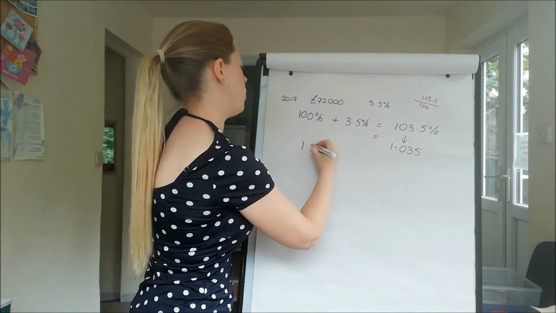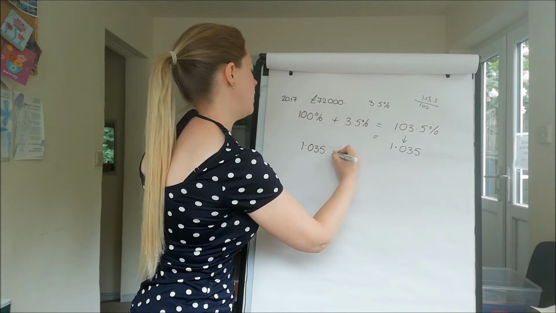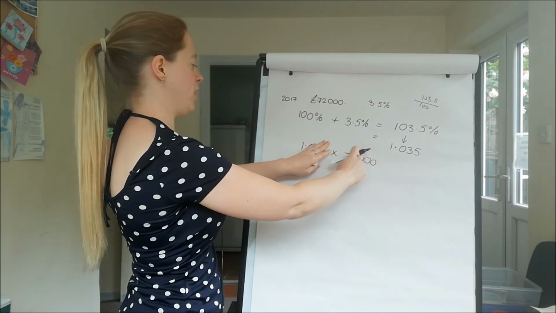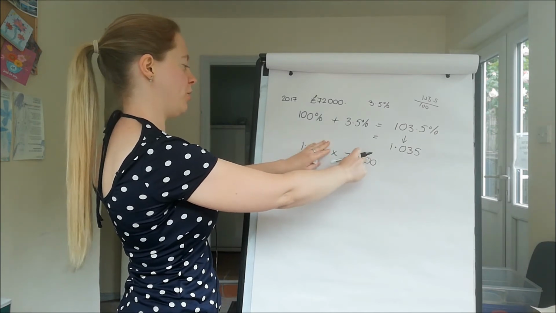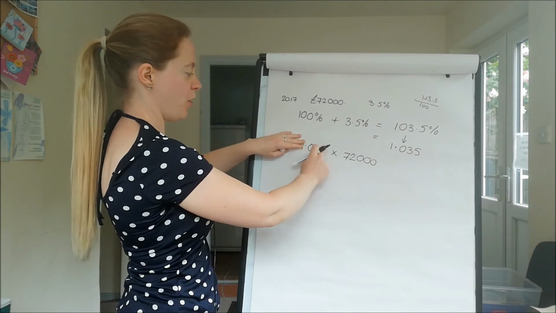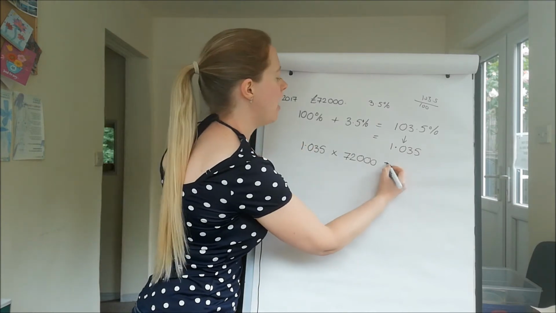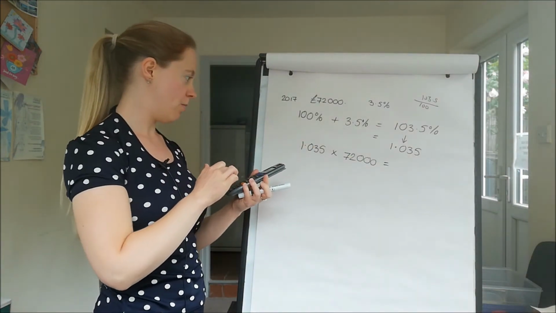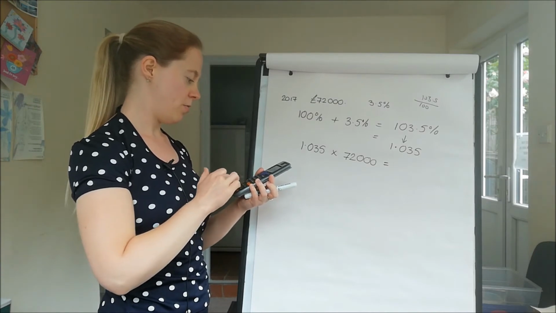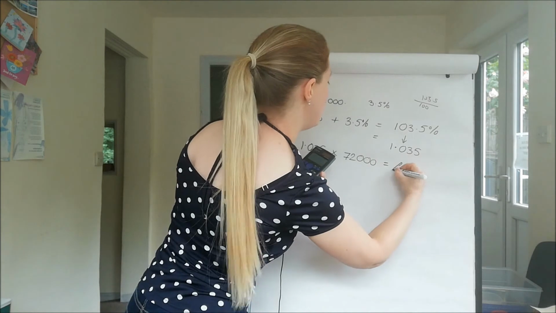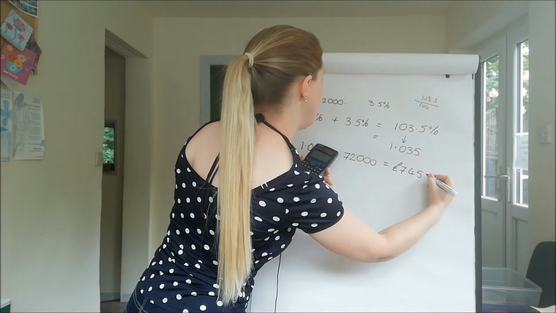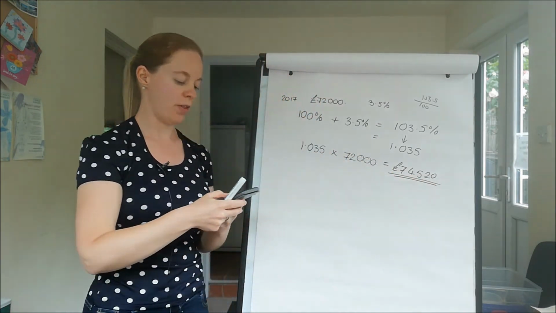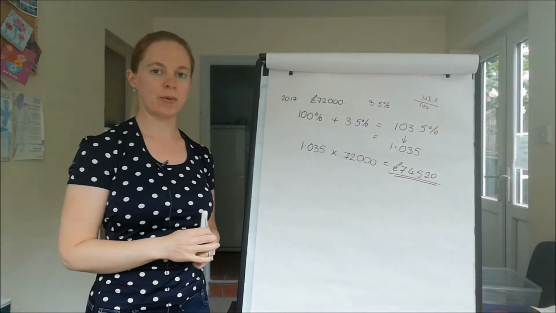And now what we do is 1.035 times 72,000, because we want to have all of the 72,000, so one lot of 72,000 plus the extra 3.5%, which is that part there. And then you would just put that into the calculator. I'll just grab mine. 1.035 times 72,000 is £74,520. And that would be your final answer. So that's what they expect their turnover to be in 2018.